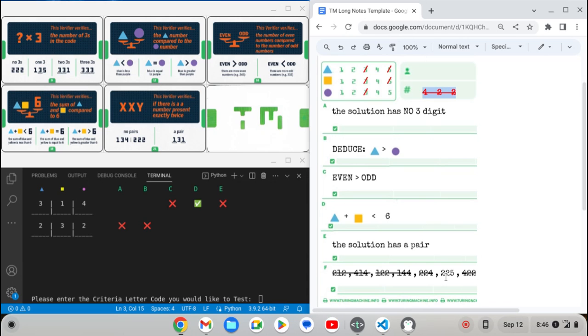Yeah, 2, 2, 4 and 2, 2, 5. Those are right. I can't distinguish them. There is something that I am missing. So this is wrong. I don't know, I should just cross everything out here.